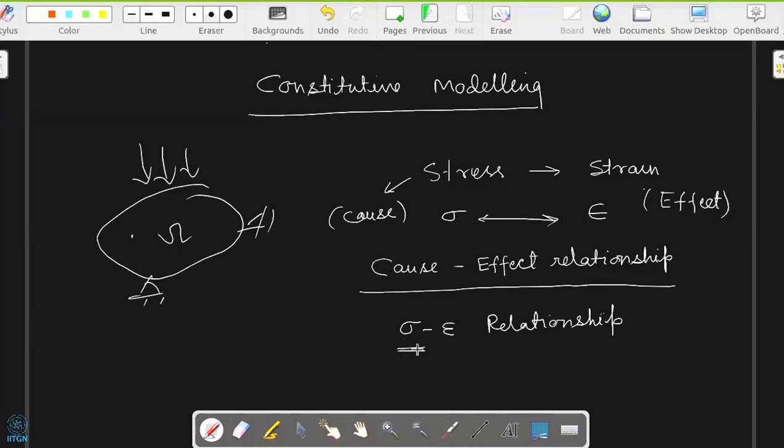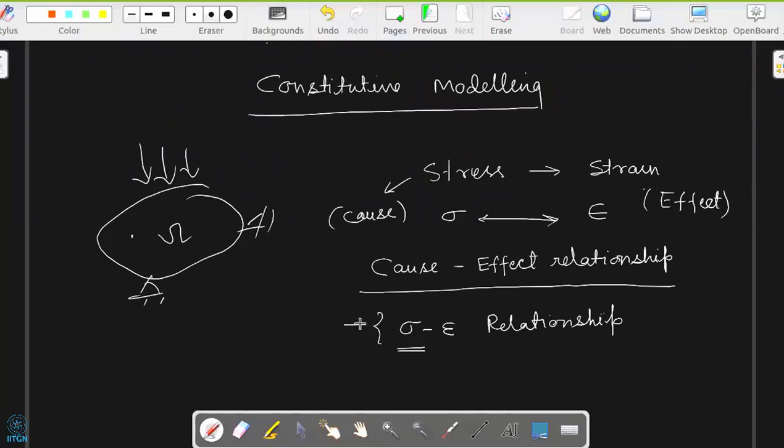Now this cause effect relationship for deformable body, this cause could be temperature also. If you increase temperature, you will also find some deformation, some distortion in the body. So here for discussion purpose, we are just focusing on, let's say, stress and strain, but you can also understand that temperature could also deform or distort the system.